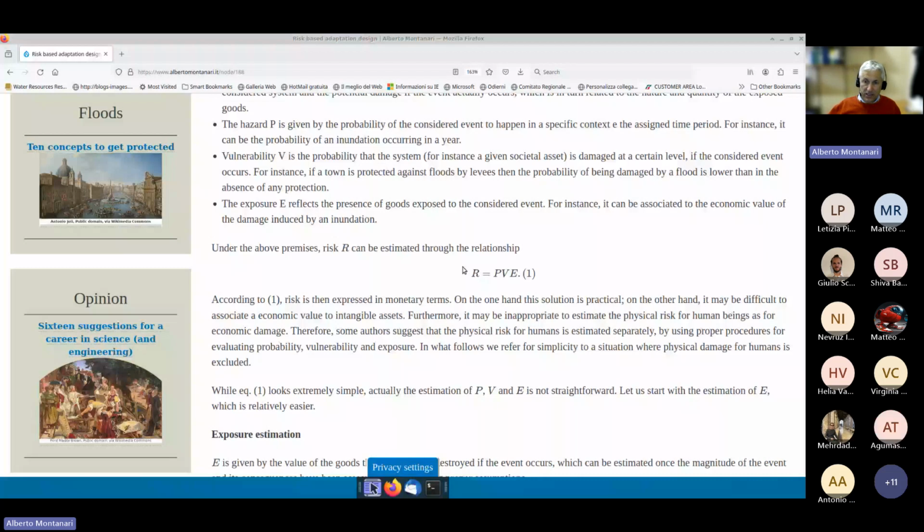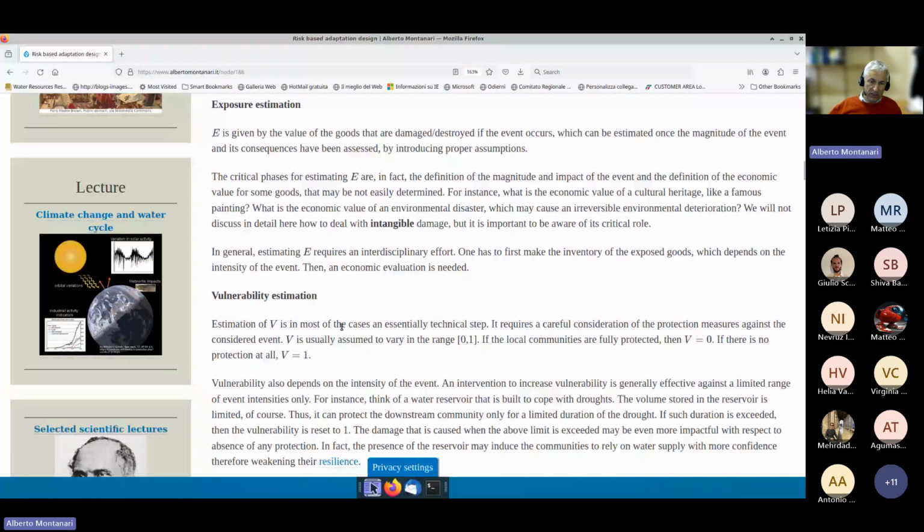And then we discussed how to estimate exposure, how to estimate vulnerability. Remember that vulnerability is in the range 0, 1, while exposure is expressed in units that correspond to the measure that we use to quantify the risk. Okay, so maybe economic unit or loss of lives, whatever.